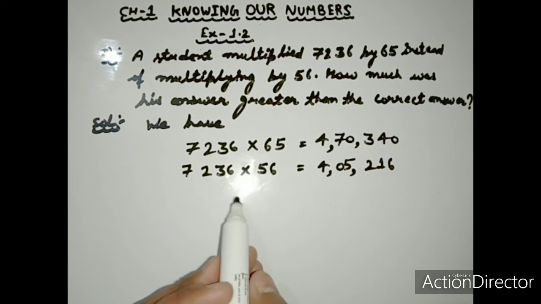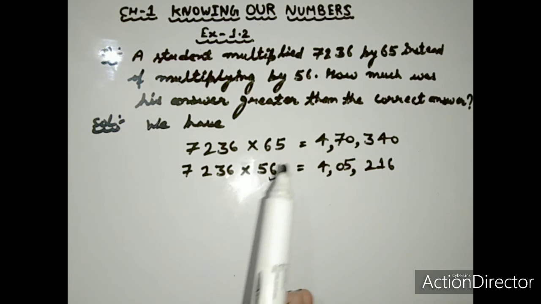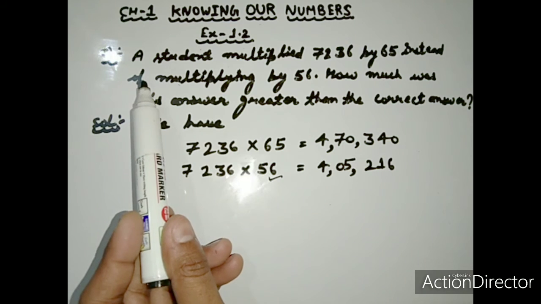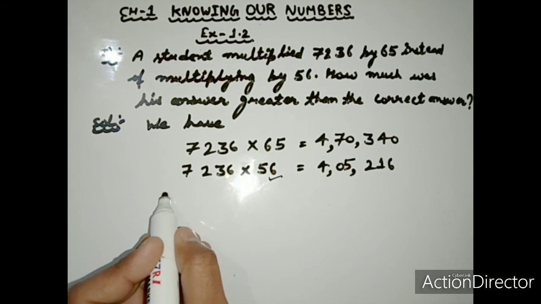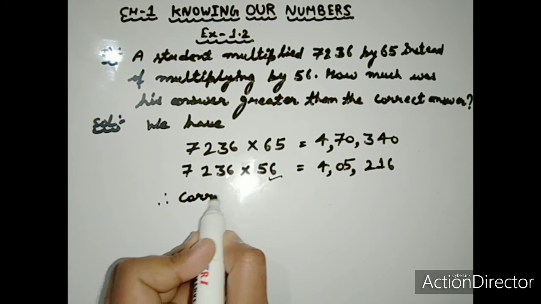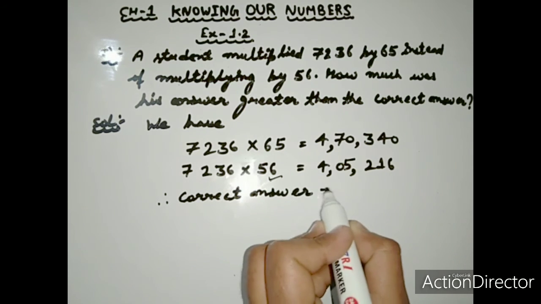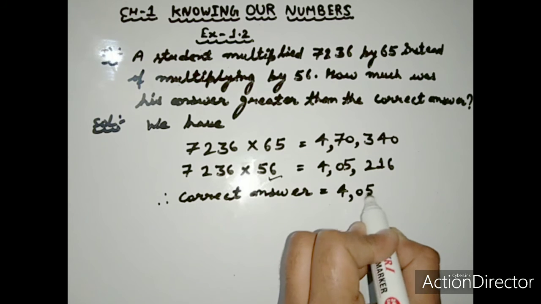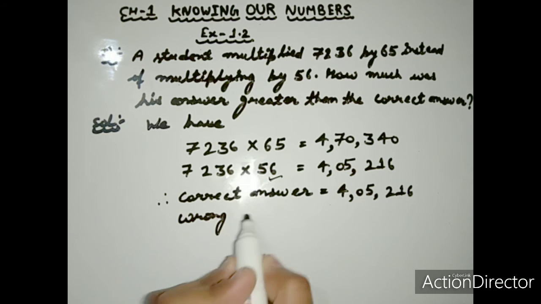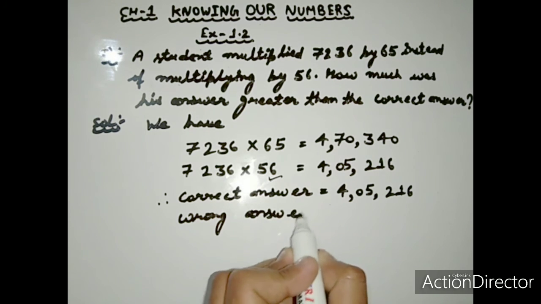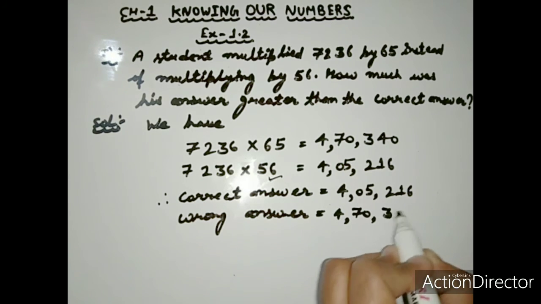Now here this is the correct answer. So here we write, therefore correct answer is equal to 4,05,216, and a wrong answer is equal to 4,70,340.